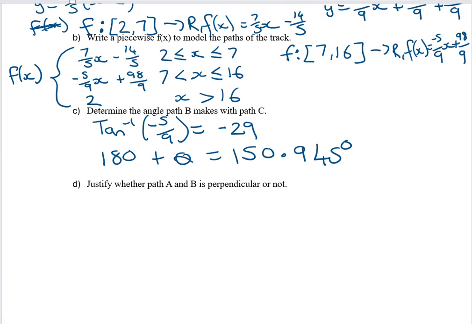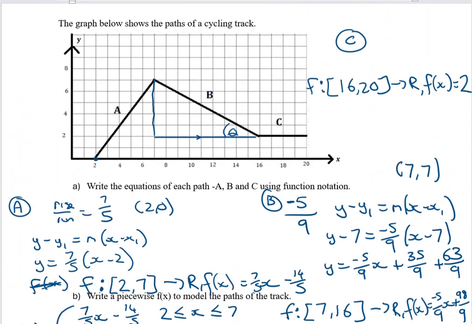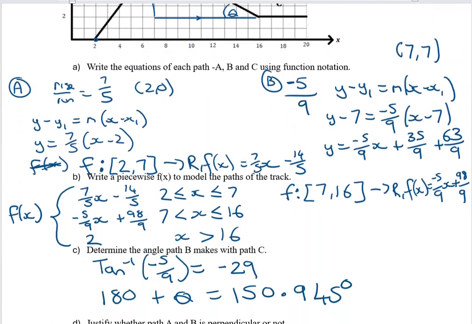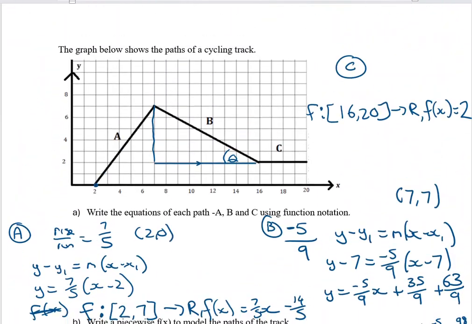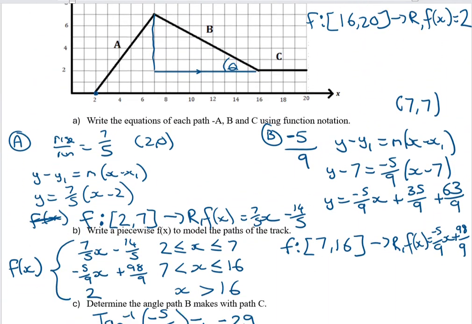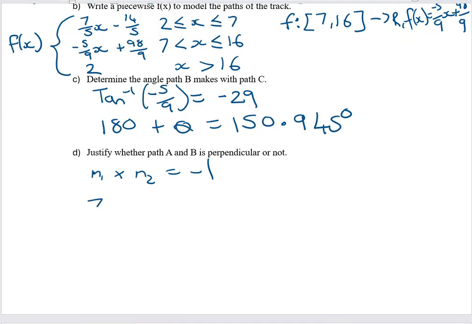For D, justify whether path A and B is perpendicular. So for our gradients to be perpendicular, we need to be able to times them together and it should equal negative 1. So straight away, and that's the justification. A is 7 over 5.